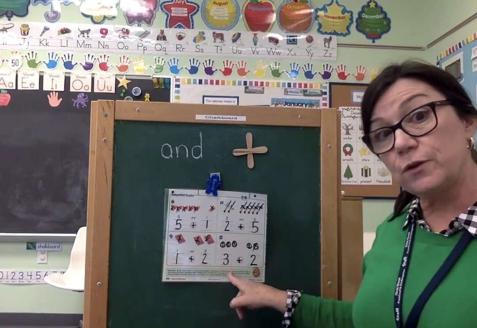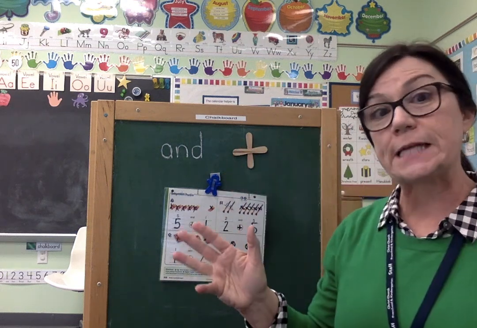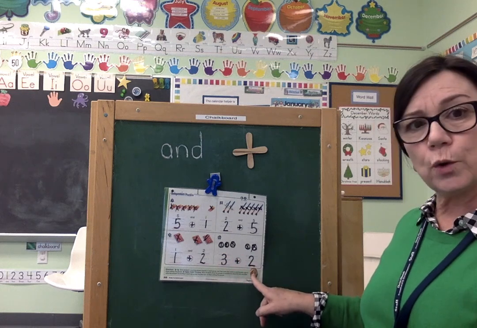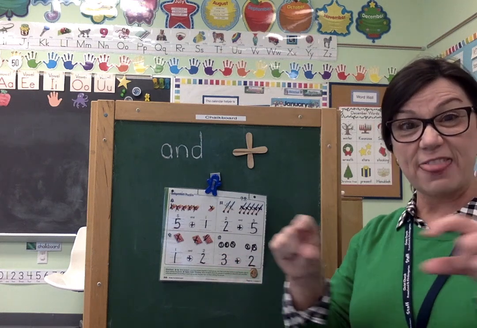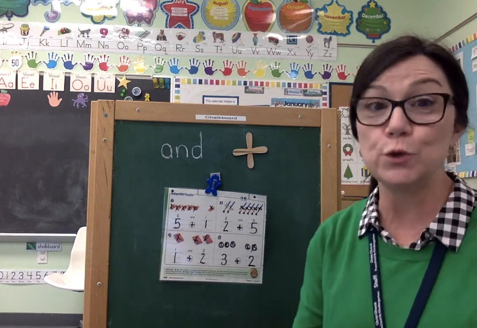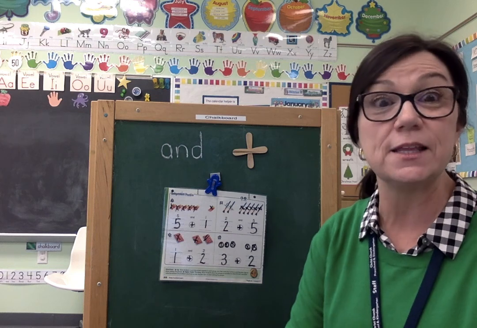So for example, if you were sent home blue and green Unifix cubes, everybody has different colors, but let's say that yours are blue and green, you could do 3 blue and 2 green to see that equation. You can go back and do your entire math page using the Unifix cubes and see if you can make those number combinations to see the equation.